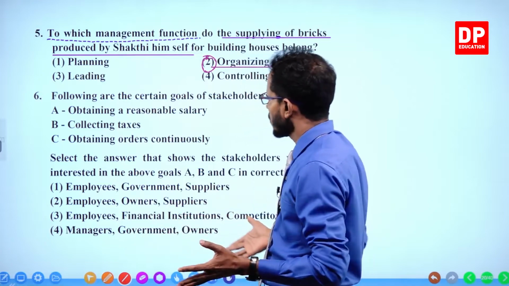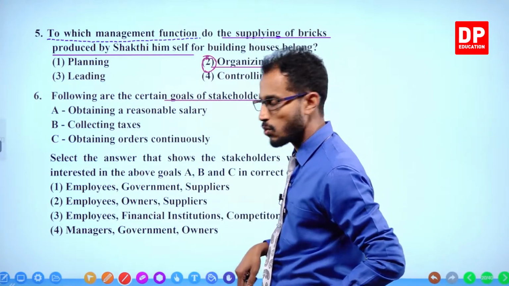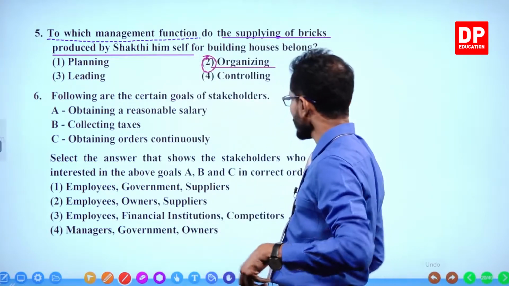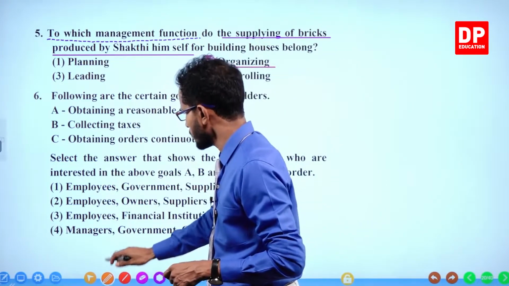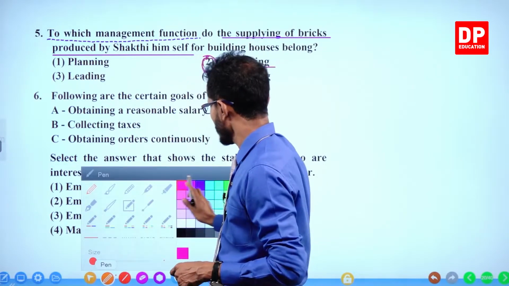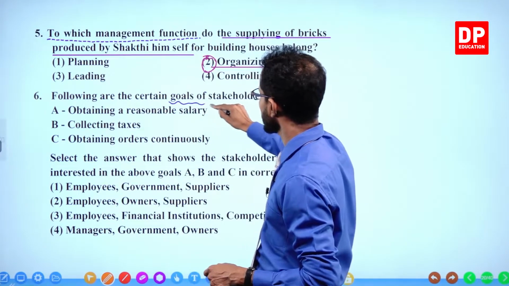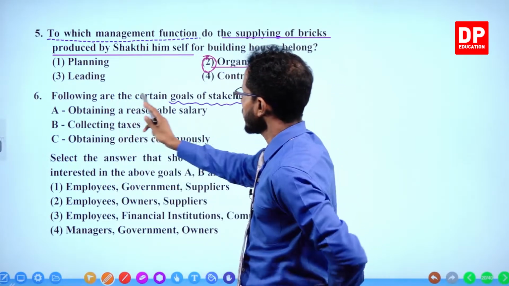And goals are given here. Let's see, what are the goals? Goals of stakeholders: obtaining a reasonable salary.